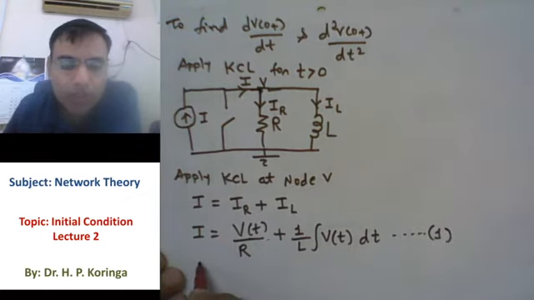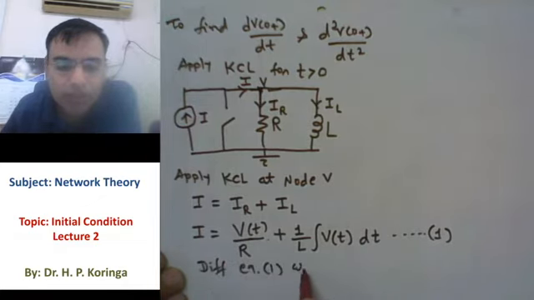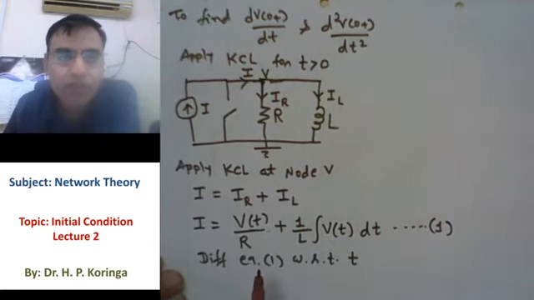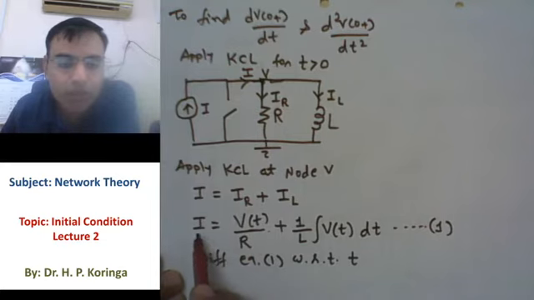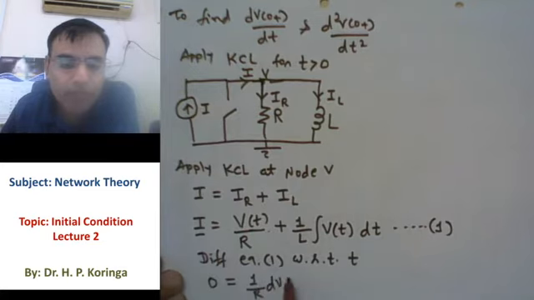So let's differentiate equation 1 with respect to time, and we will get the first derivative dV of t divided by dt. Differentiation of a constant is 0, so differentiation of I is 0. Differentiation of 1 upon R V of t is 1 upon R dV of t divided by dt.